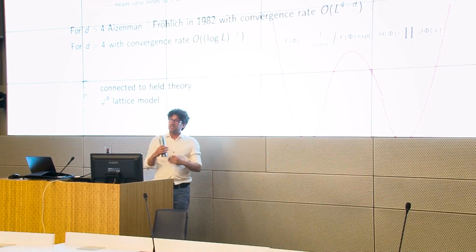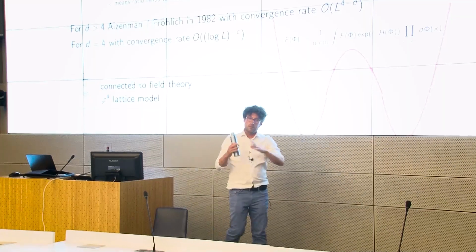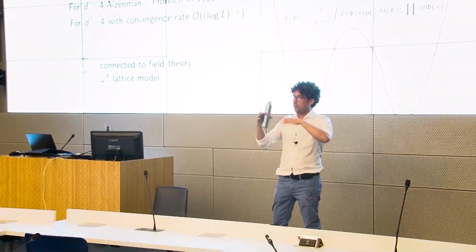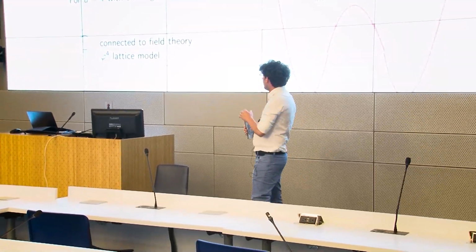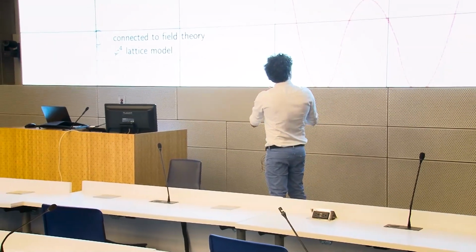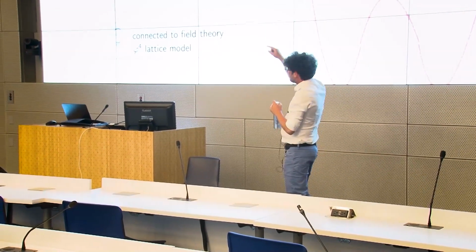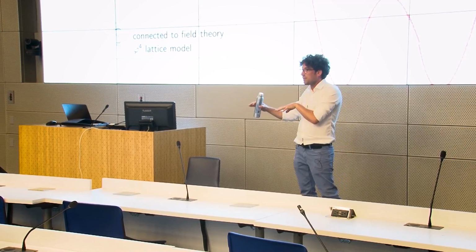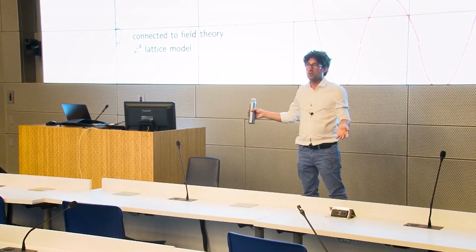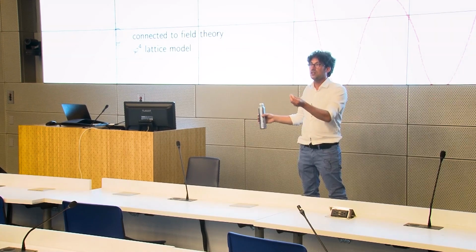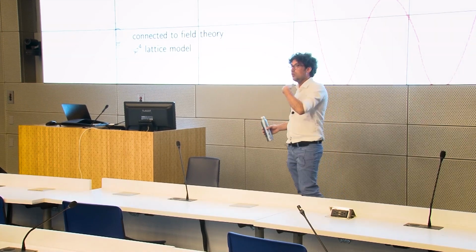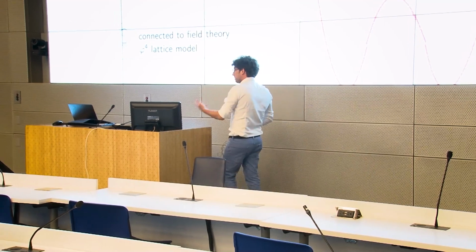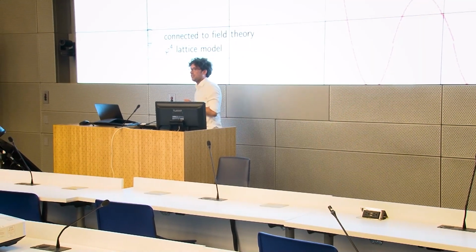When you try to define this properly, because if you just look at the integrals, they all diverge for different reasons, what this result tells you is that when you discretize and take the limit, you get something trivial. You get the Gaussian field. So the phi-4 interaction disappears, and you don't know how to construct this interaction by this kind of discretization.